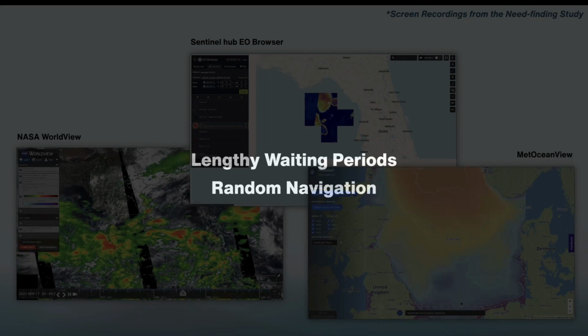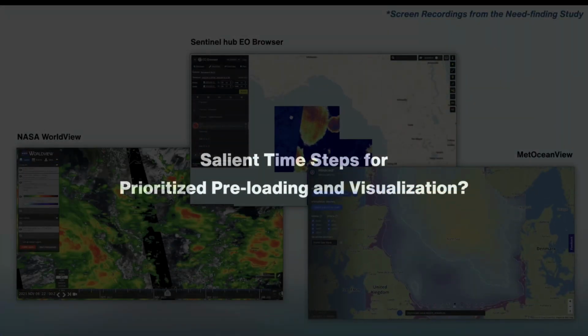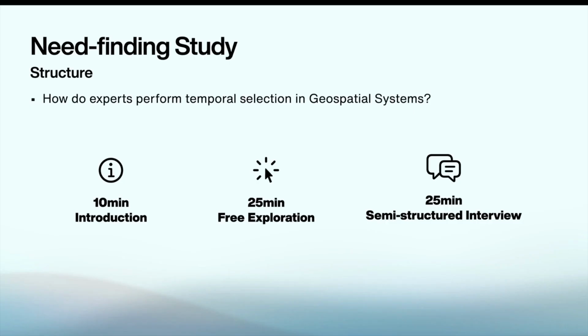Identifying which time steps are salient for prioritized preloading and visualization is highly desirable for elevating the user experience for exploring such data. In this paper, we first conduct extensive user studies with 5 experts from the field of geoscience and visualization to understand their workflows and needs when performing temporal selections.